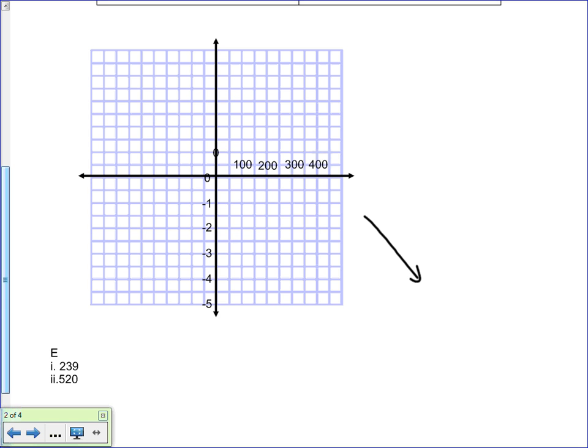When we actually calculate this out, we find that we have a linear relation. It goes through the origin, which makes it a direct linear relation, and it's got a negative slope. Okay, so this right here is a negative slope.